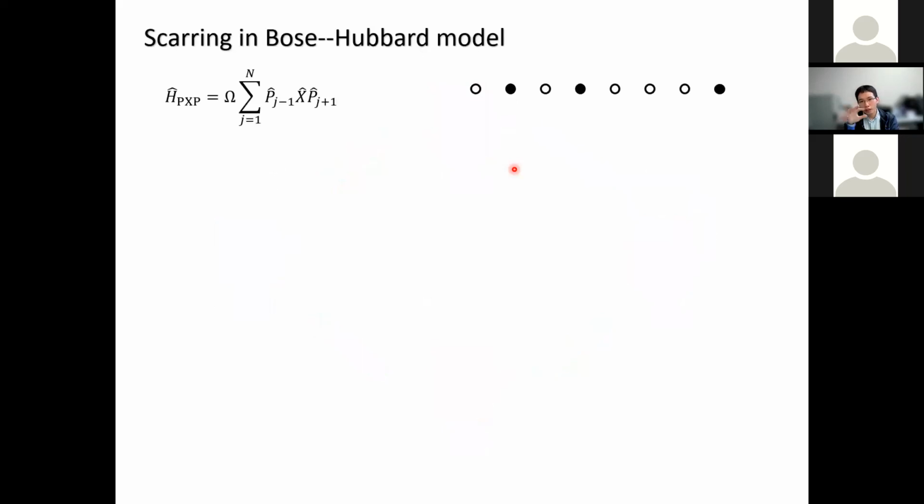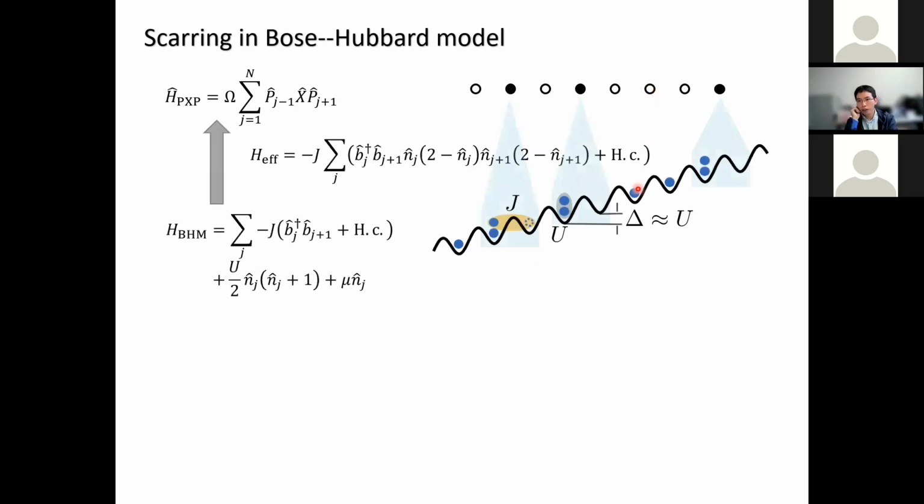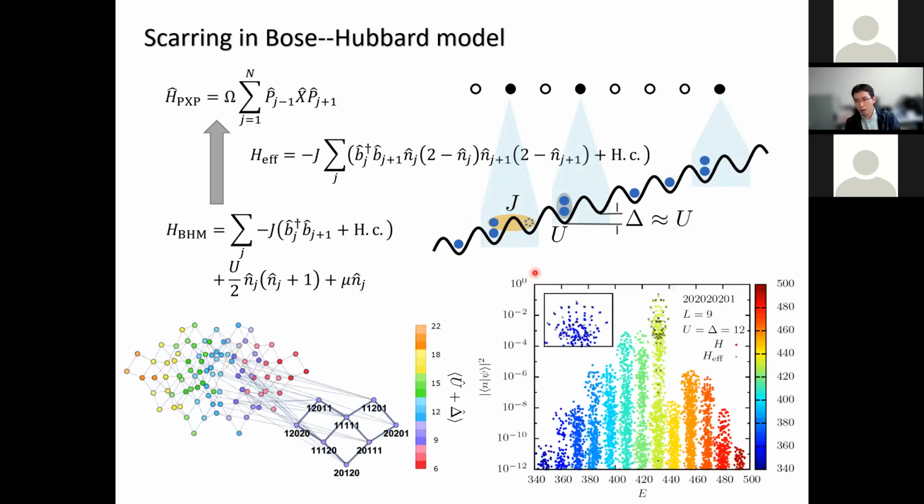The model that we want to study is this PXP Hamiltonian, which tells you that you can only excite, do a spin flip, if your neighbors on the right and on the left have no excitations. So in the Hubbard system, if we tune the chemical potential such that you get a linear tilt that matches the interaction strength, you actually split your spectrum into bands, and each of them will conserve this U plus delta energy.